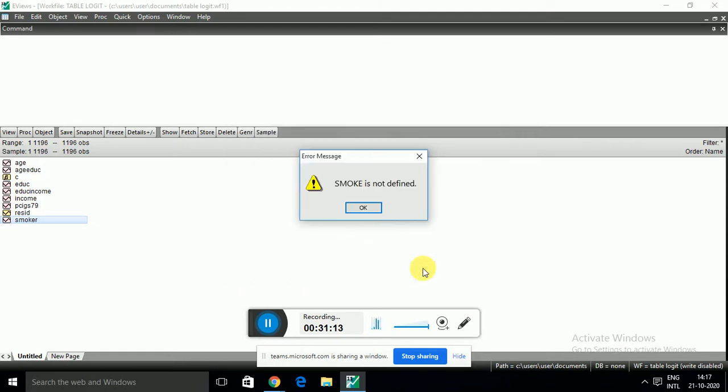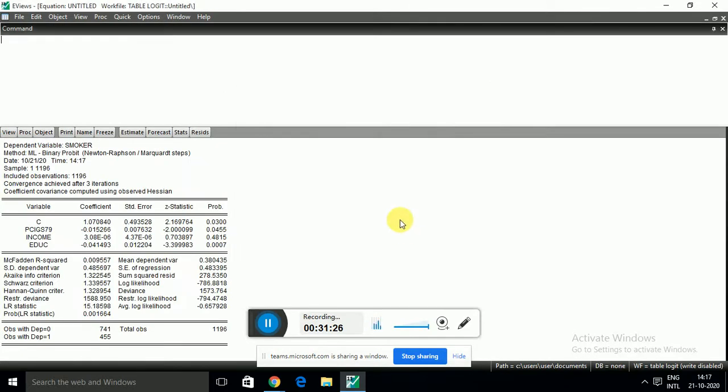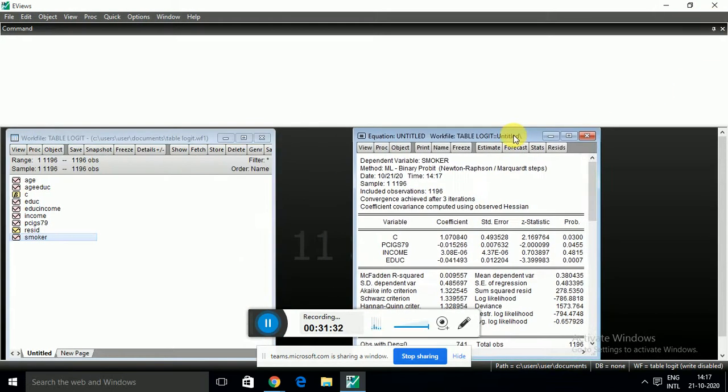Okay, smoke is not defined because it's a smoker. So this is my Logit model, and now the Probit model.